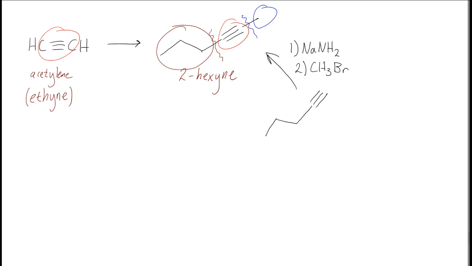So from this one then, we need to add this other section, these other 3 carbons. So we can do the same thing starting from acetylene. We can deprotonate the acetylene. And then we can add a 3 carbon group to get that other side on there. So in each case, we're deprotonating the acetylene and then substituting with one of these alkyl groups.